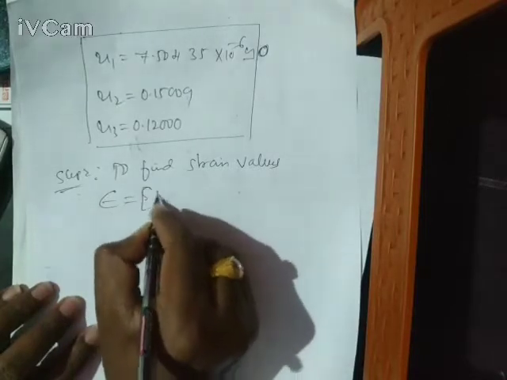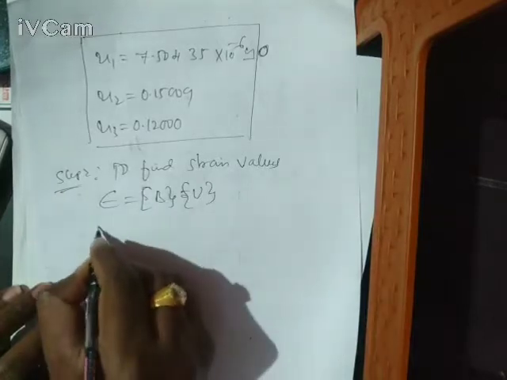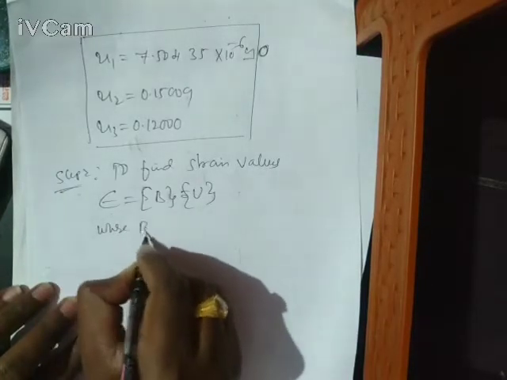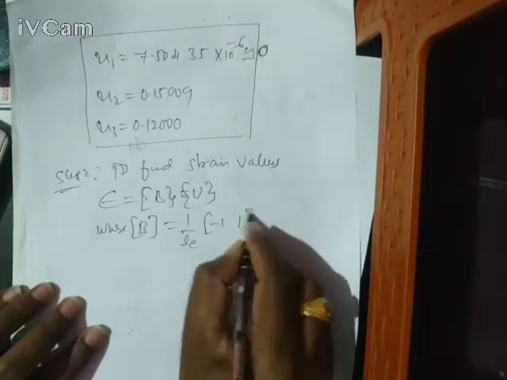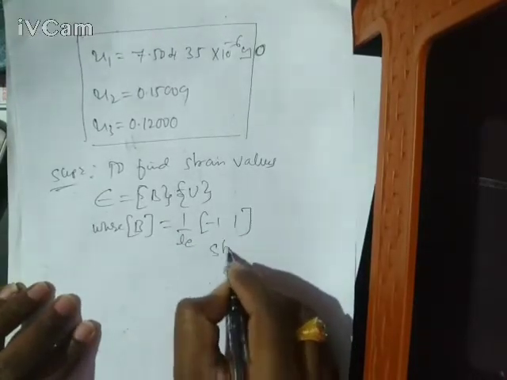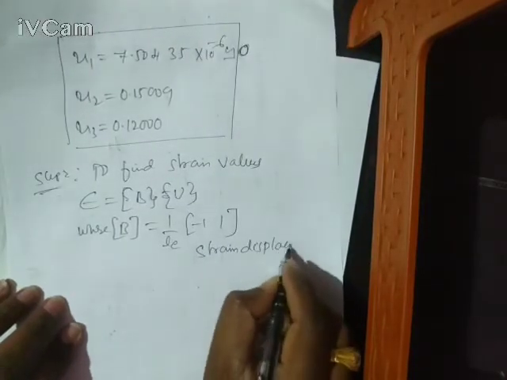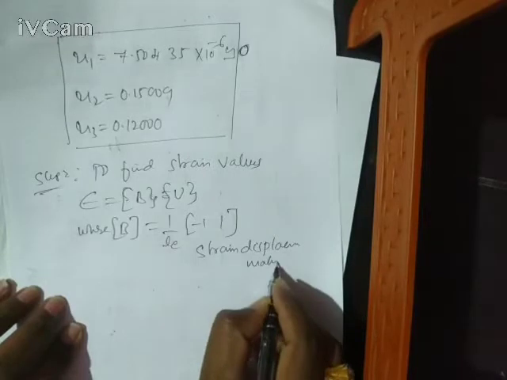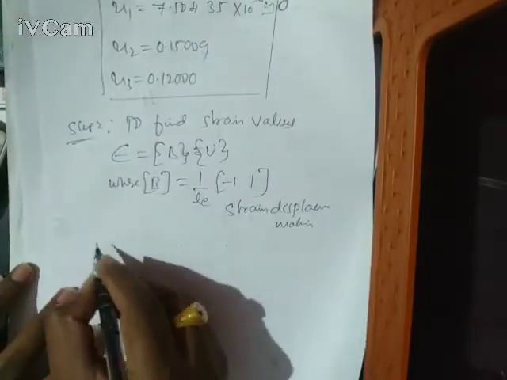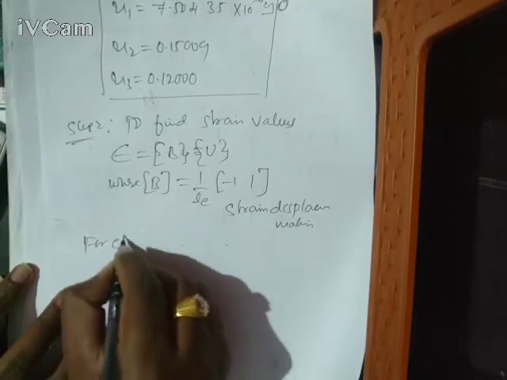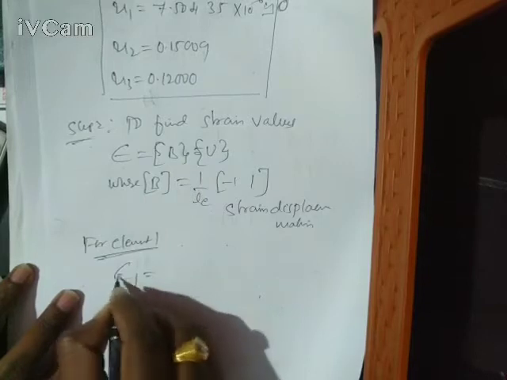So what is the strain equation? Strain is equal to B into U, where B is equal to 1 by LE into minus 1 1, which is nothing but the strain displacement matrix. Yes, we know this already. So now for element 1, what is strain 1?